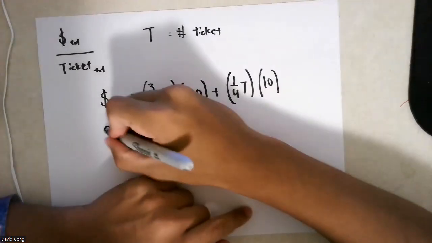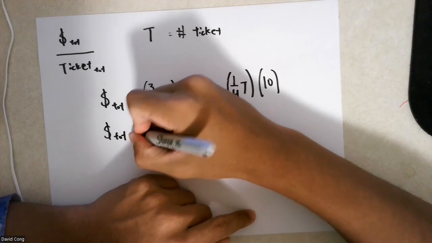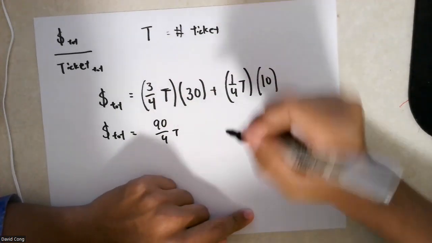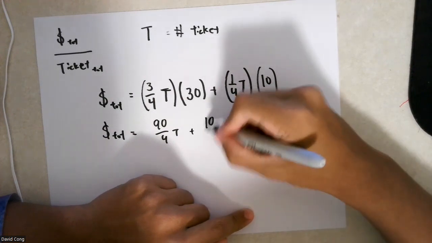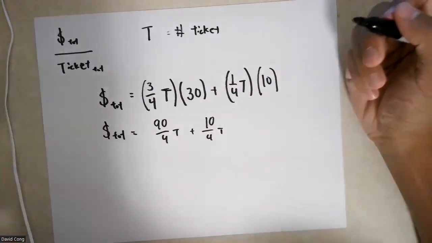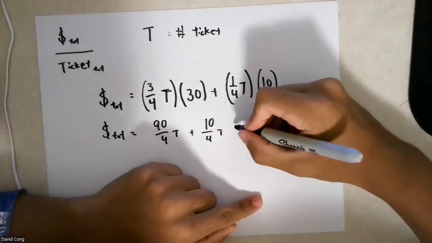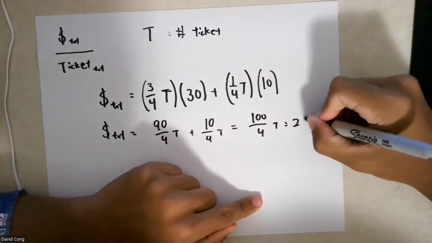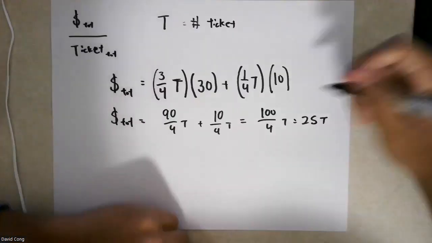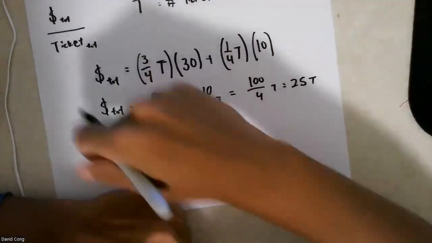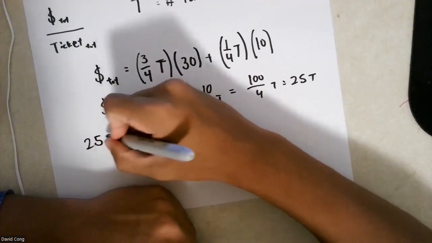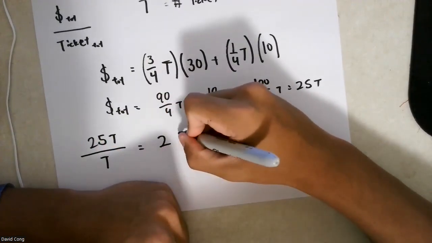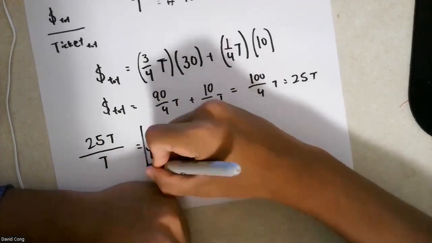What does this tell us? The dollar total is equal to 90 over 4t plus 10 over 4t, which means 100 over 4t, which equals 25t. Okay, great. We have the amount of money we made, which is 25t, over the number of tickets, which is t, which tells us the average price is $25.